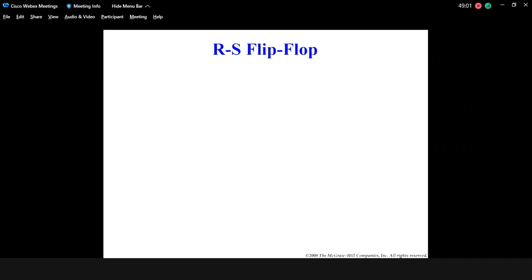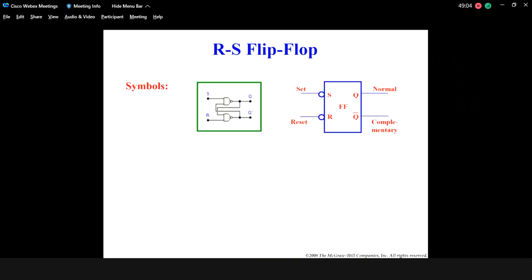So what is RS flip-flop? RS flip-flop is one IC, inside that is the flip-flop circuit. It has two NAND gates with two inputs R and S, reset and set. And also we have the output Q, normal, and complementary Q bar.